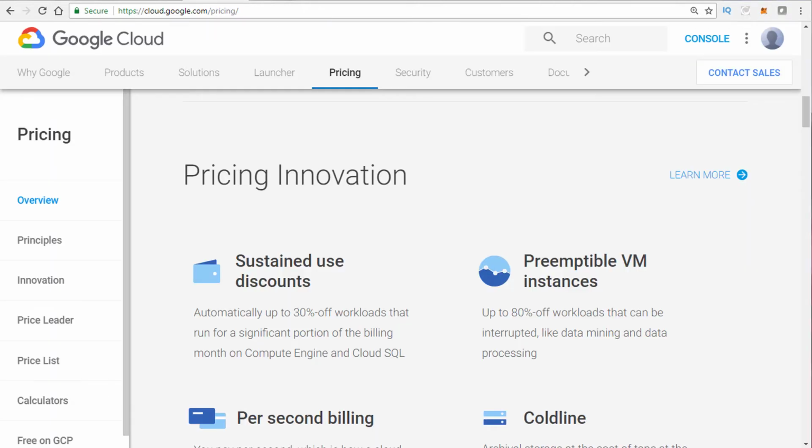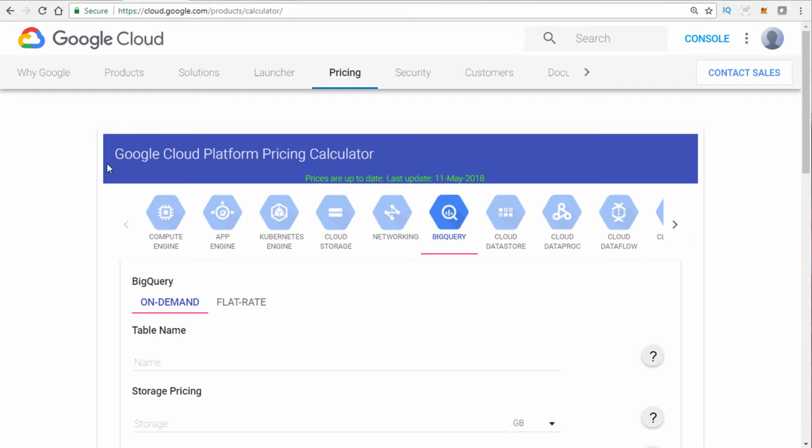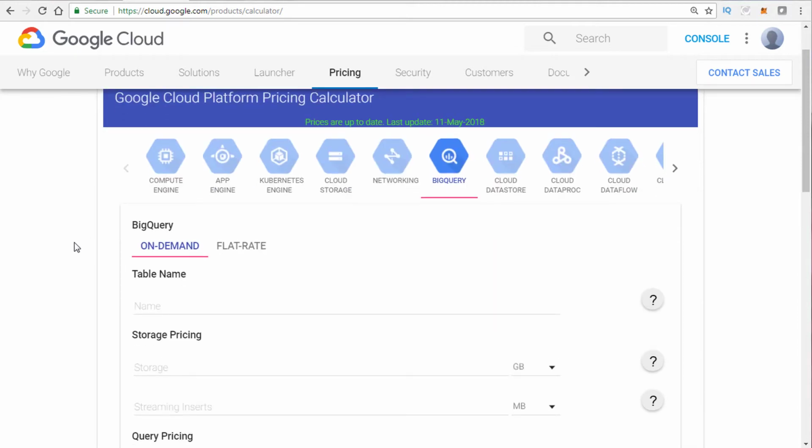Now, we have right here the pricing calculator. Now, let's say BigQuery. BigQuery is actually a big data warehouse. It's for big data. It's a very powerful service.